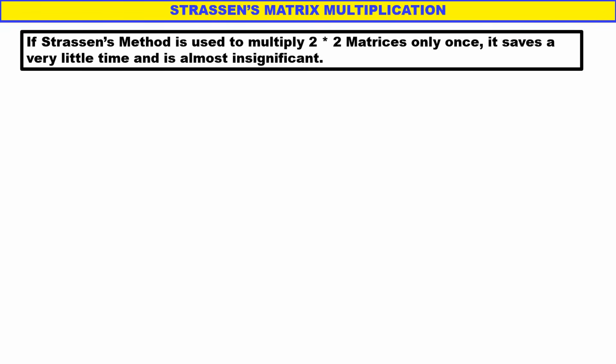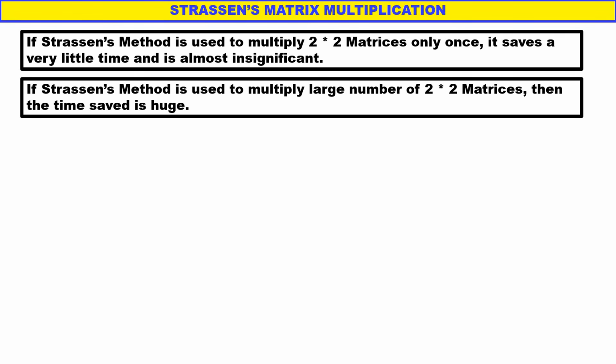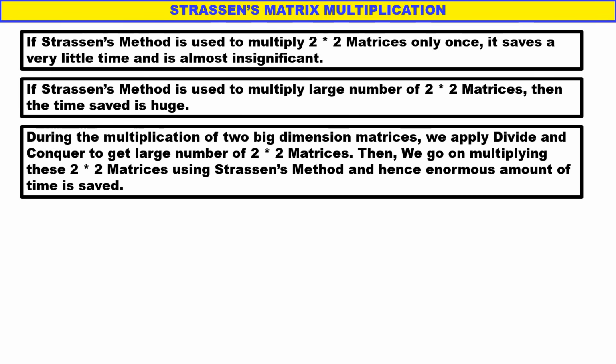Now, if Strassen's method is used to multiply 2 cross 2 matrices only once, it saves a very little time and it's almost insignificant. Whereas, if Strassen's method is used to multiply a large number of 2 cross 2 matrices, then the time saved is huge.